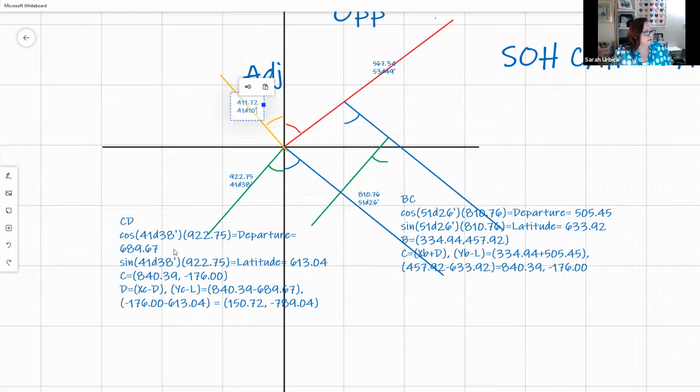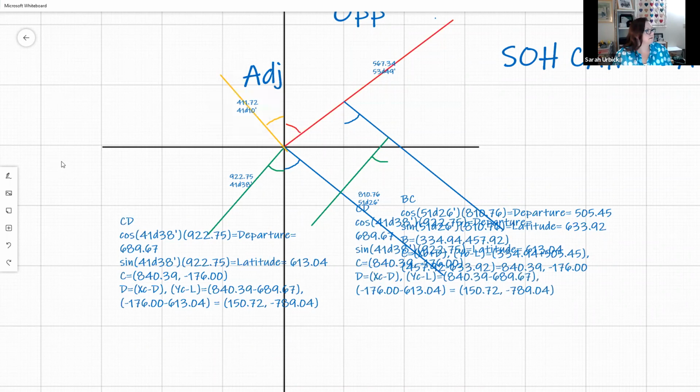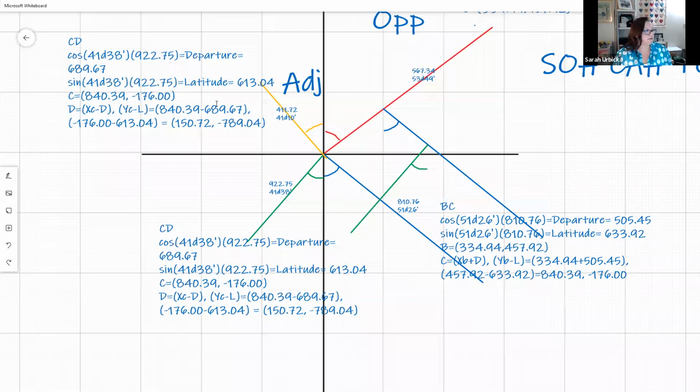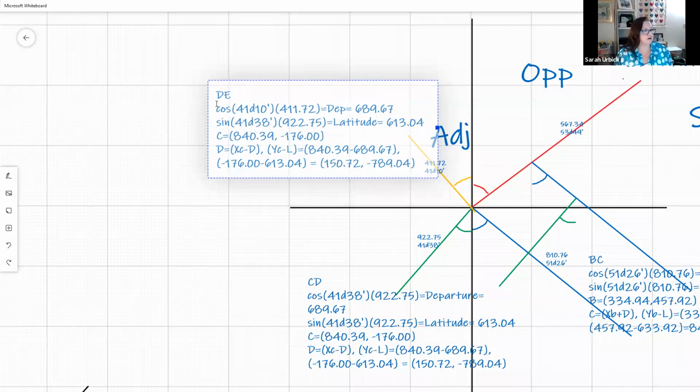Rinse and repeat. So this one is from D to E. This one's a little easier to manipulate. All right, 411.72. I'm going to start abbreviating this because these are getting kind of large.